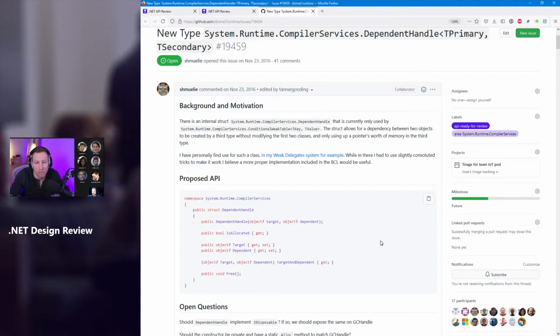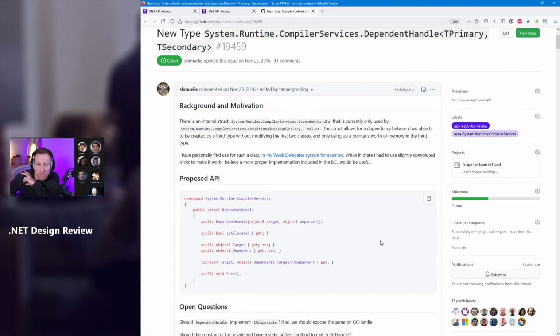And it's basically what powers conditional weak table behind the scenes. This proposal is effectively take dependent handle and expose it publicly with a couple of tweaks. And then there were 3 small open questions which were largely decided below, but which we should confirm are correct within the context of API review.